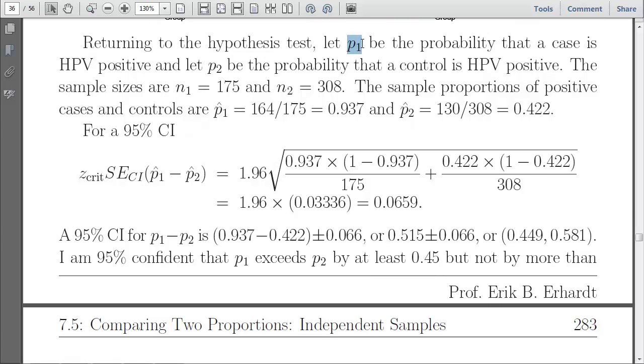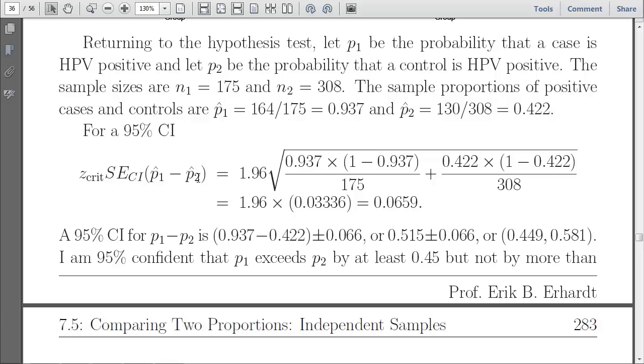So let P1 be the probability that a case, that's someone with cervical dysplasia, is HPV positive, and P2 be the probability that a control is HPV positive. We've got our sample sizes, we've got our estimates of about 94% versus 42%.